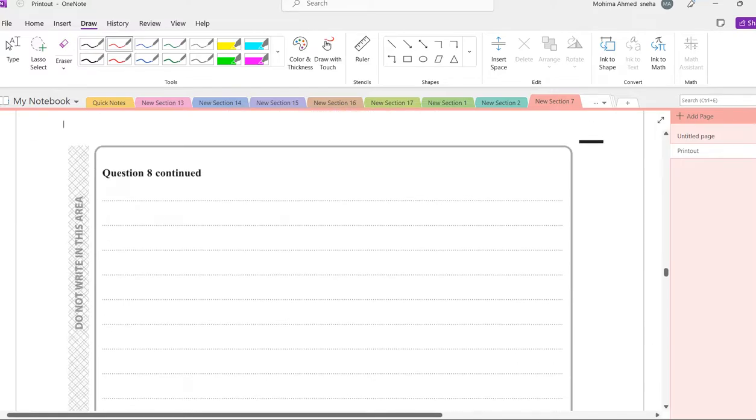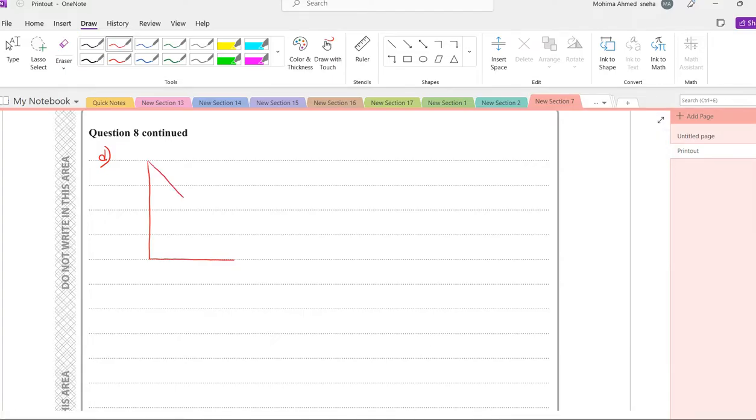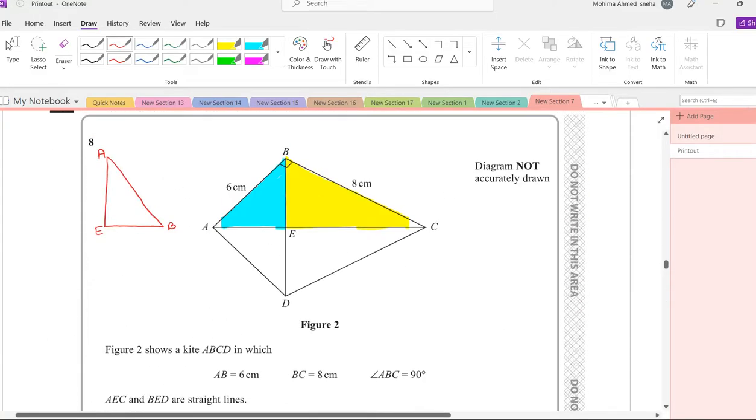So when I draw the two triangles here, this is A, E was below A, and there will be point B, and we have another triangle BEC.